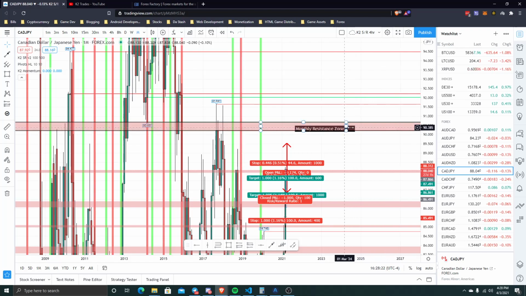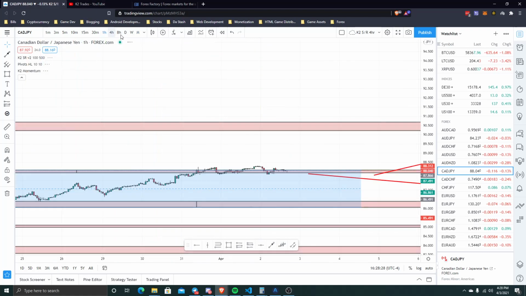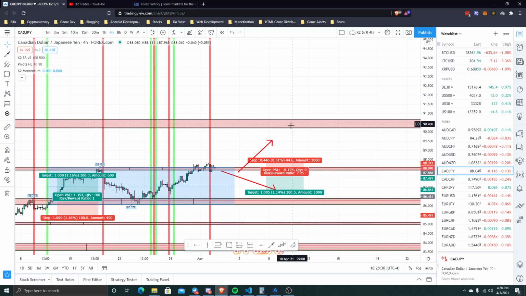Yeah, so the monthly resistance zone is around 90, 90.5. So if we look back on the 4 hour, yeah, that's the monthly resistance area right here.